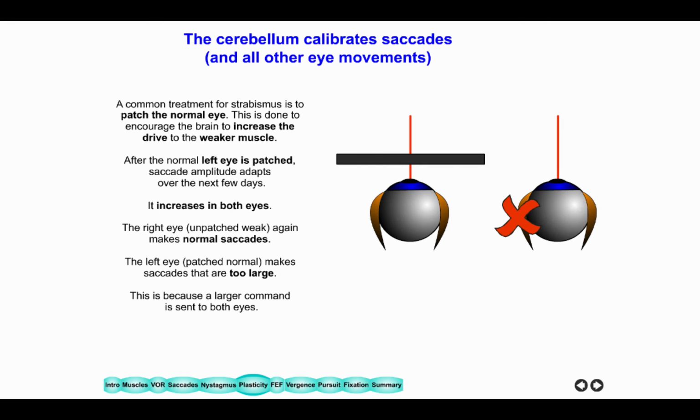And with time, if this lesion isn't overwhelming, the brain will start sending out bigger signals to this eye muscle, and the eye will start moving the correct distance. So these movements become larger with time. But at the same time, the eye behind the patch will start making bigger movements that are twice as big as they should be.